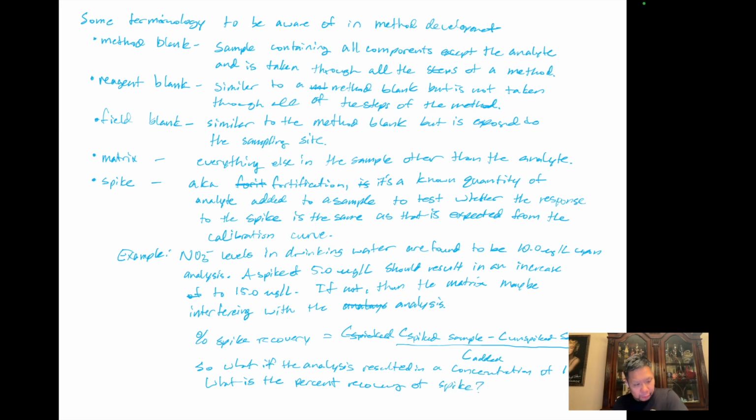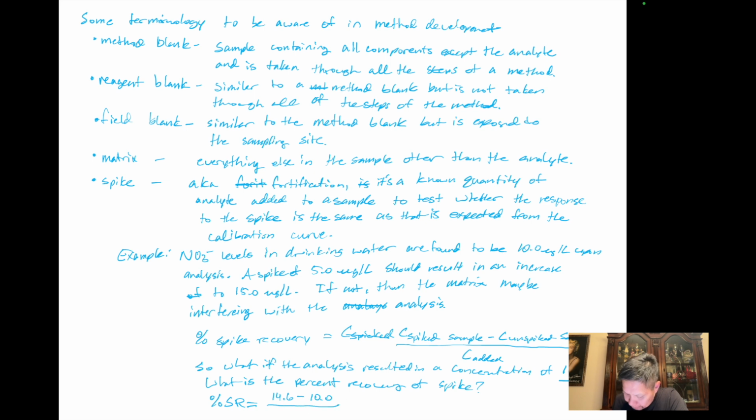So we just use our formula, right? Percent spike recovery equals, and so it's the concentration of the spike sample, which is what we got here, the 14.6. And that is subtracted by the unspiked sample, which is 10.0 micrograms per liter.